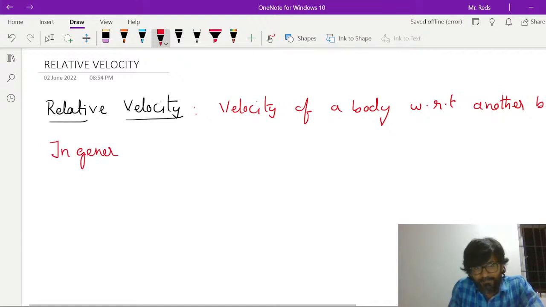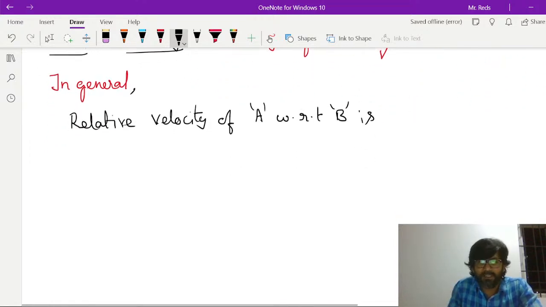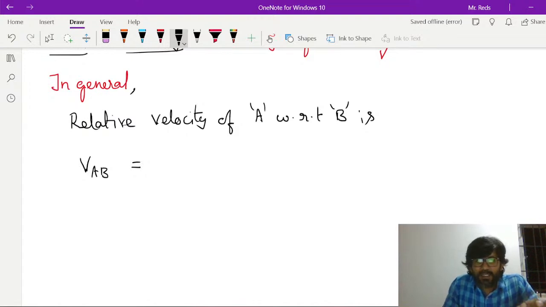In general, the relative velocity of body A with respect to another body B is expressed as VAB.